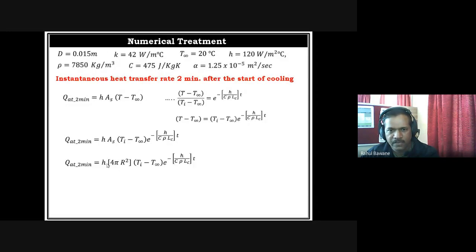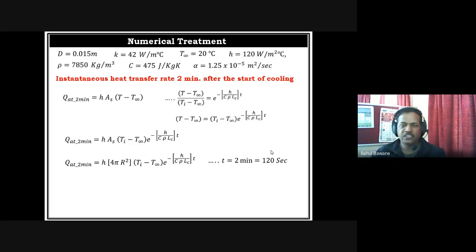Now put in the values. Surface area, as we know it is a sphere, so 4 pi r square, and for time they asked to find the rate of heat transfer exactly after 2 minutes.